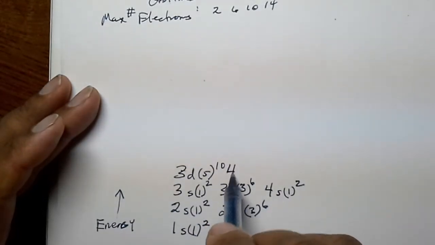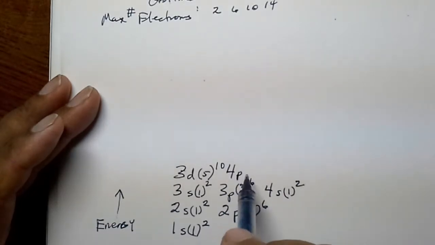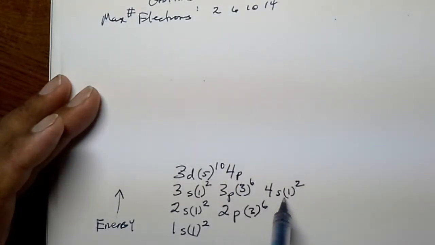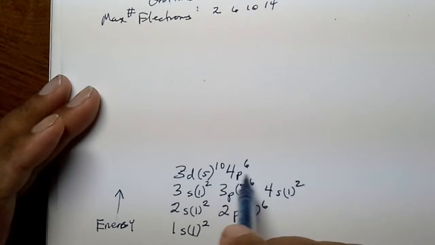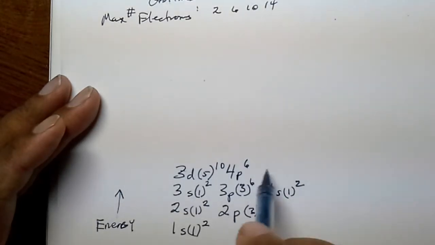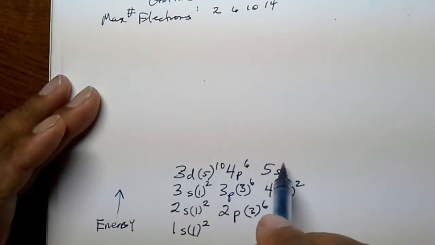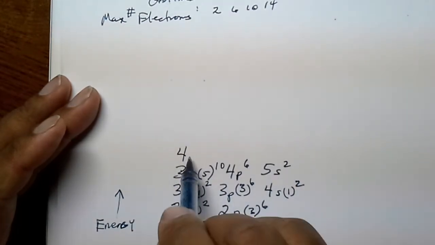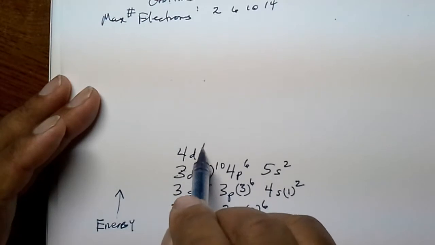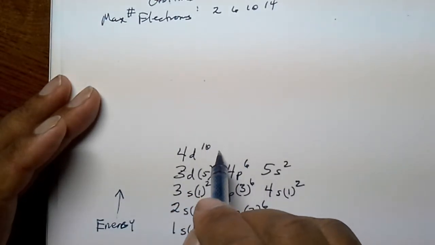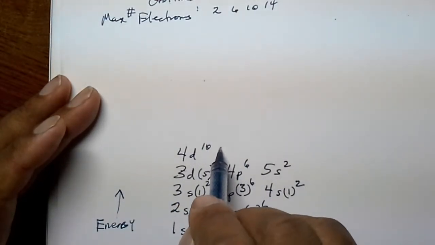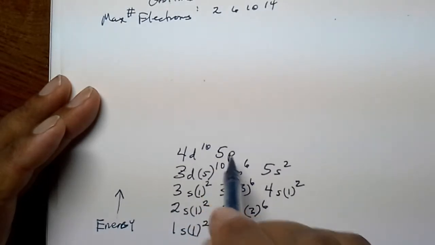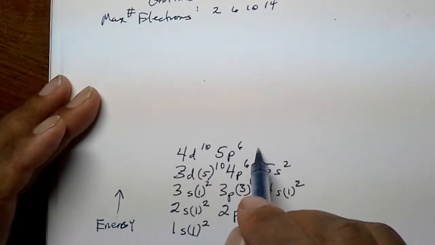The next is 4p, and I'll leave off the orbitals since we know P has 3 orbitals. I'll just put the electrons. And not 4d, but 5s with 2 electrons. It's lower than 4d with its 10 electrons, but 4d is lower than 5p with 6 electrons.